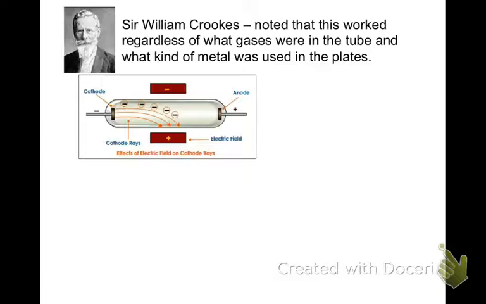But when those gentlemen were to take a negatively charged plate up here, and then a positively charged plate on the bottom, they could get the beam to move, and it always moved towards the positive and away from the negative. Always. And again, that was no matter what kind of metal in the electrodes, no matter what kind of gas in the tube.